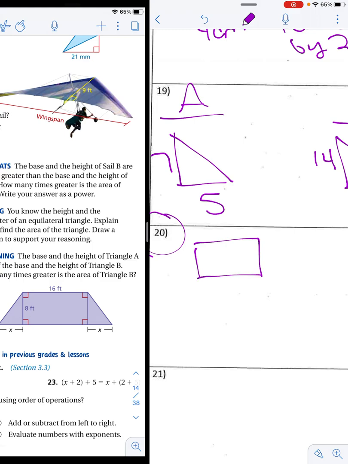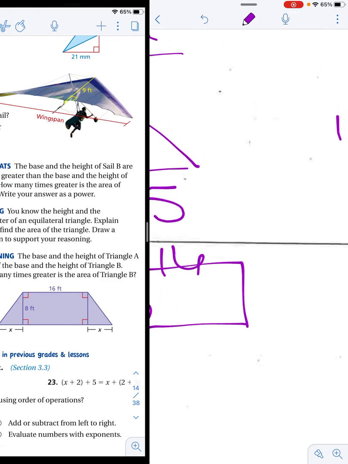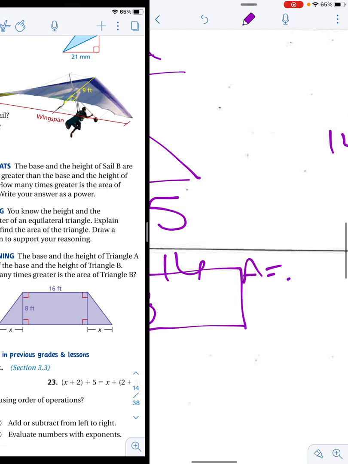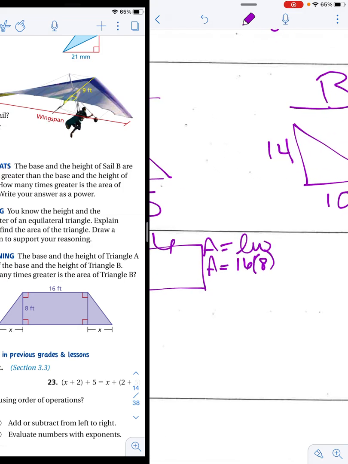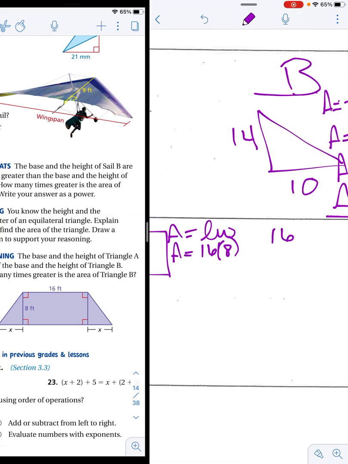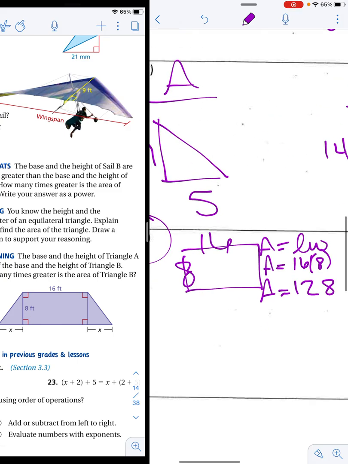So the rectangle inside is a 16 by 8, or 128 square feet.